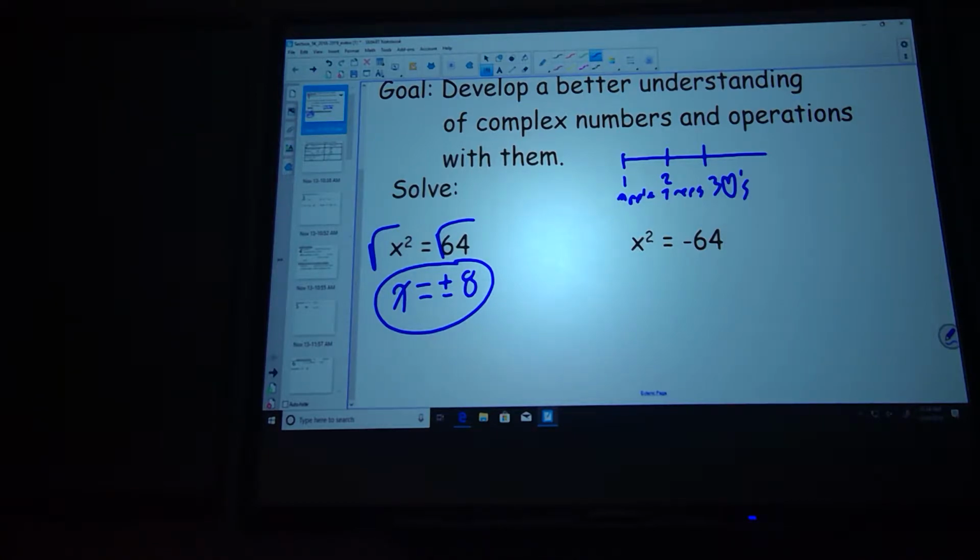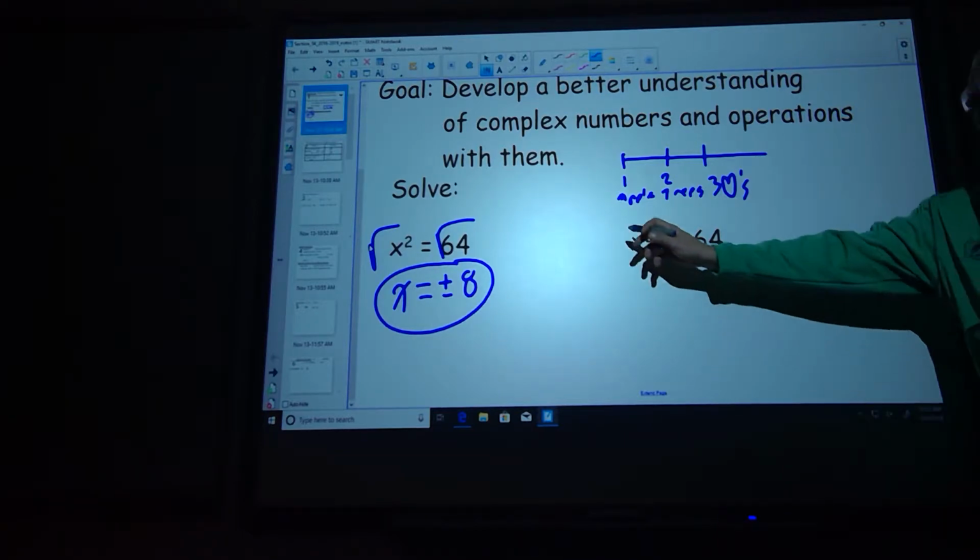But now we start getting into the adventure of the complex number system. This is a crazy number system that is way larger than the number systems you've ever worked with. Okay? And a lot of times we call part of the complex numbers the imaginary numbers.